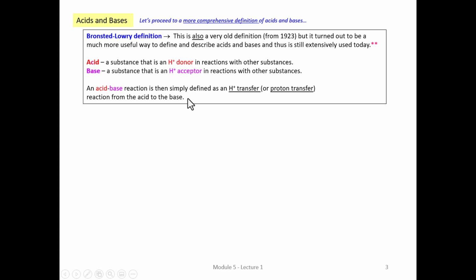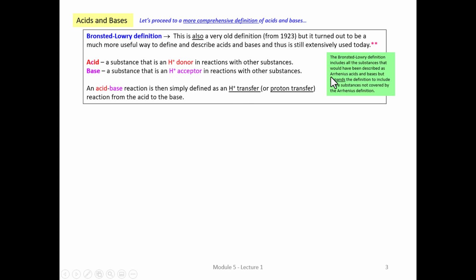What's kind of strange here is that we stated on a previous slide that H+ really doesn't exist, say, in water by itself, but we're still going to call them H+ transfer reactions. But again, remember the Bronsted-Lowry definition allows us to look at systems that are not in water. And in that case, these really are H+ transfer reactions.